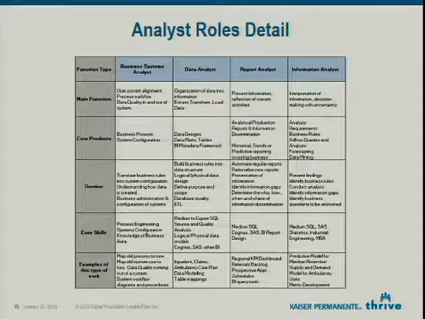And then moving into the report analyst, this one is really focused on the presentation layer. They need to know how to code and grab the data they need, but they're not immersed in the technical nuances the same way that a data analyst would be. So they would possibly be creating production reports.